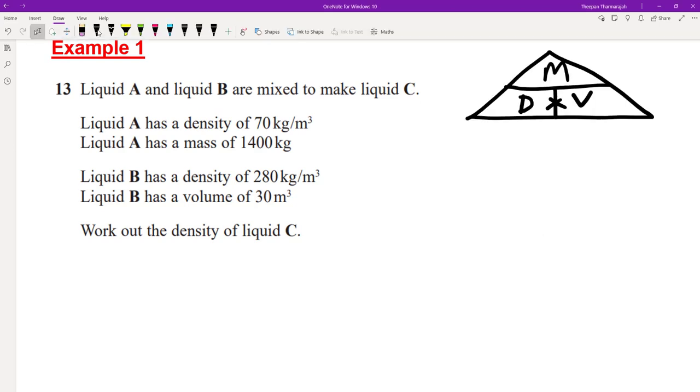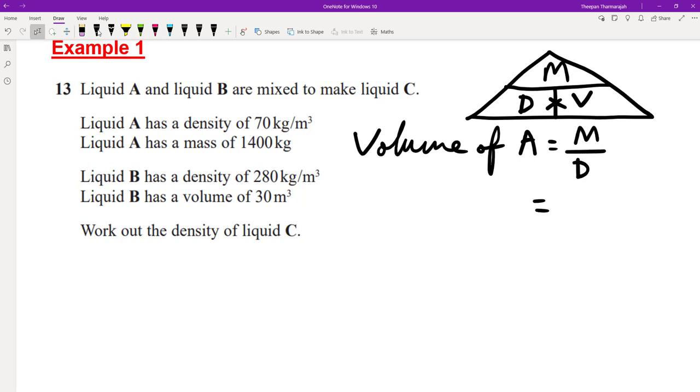So what I'm going to do first is say for liquid A we're missing the volume. So the volume of liquid A, well, we know that's mass divided by the density. So in our case, the mass of liquid A is 1,400.